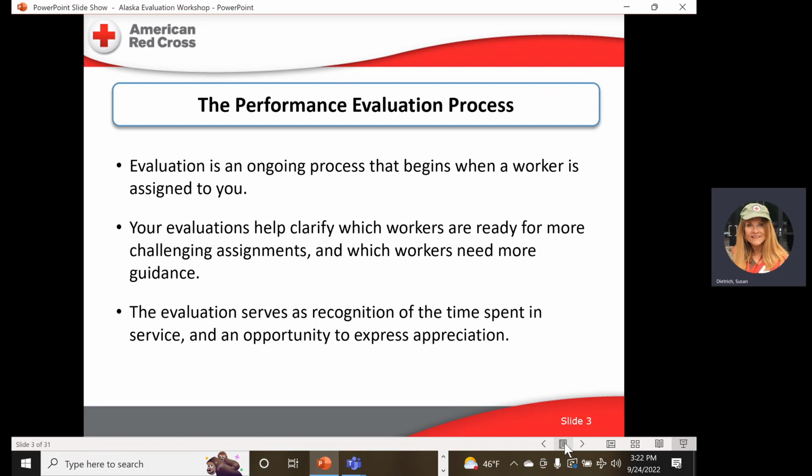Your evaluations help clarify which workers are ready for the challenging assignments and which workers really need a little bit more guidance. The evaluation serves as recognition of the time spent in service. It's really our chance to give a good goodbye to people who have given 2 weeks of their time for service.